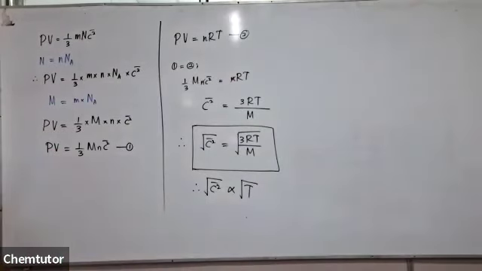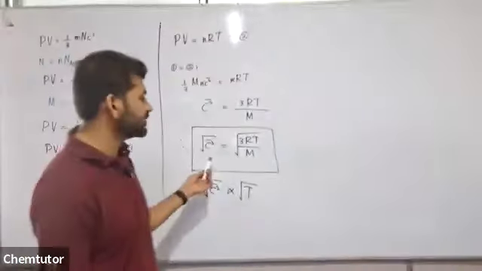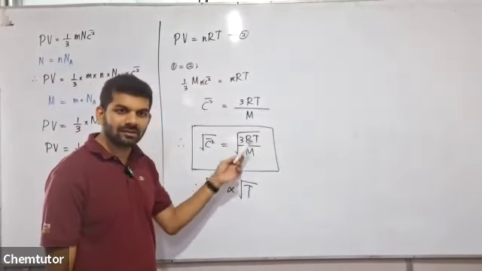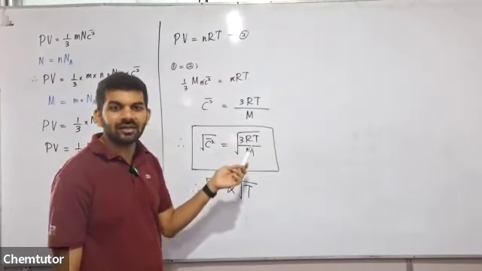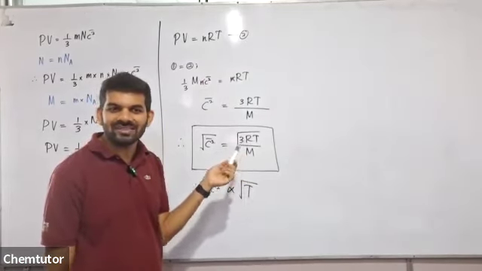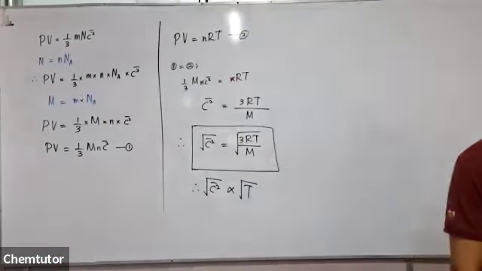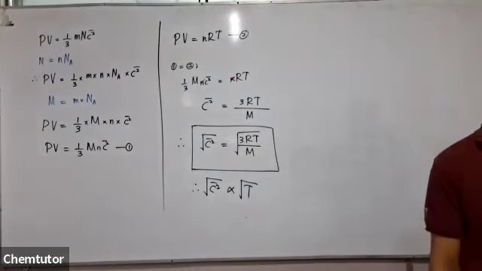Now you need to find the root mean square speed, so you can directly apply this equation. R is the universal gas constant, 8.31 joules per mole per Kelvin.